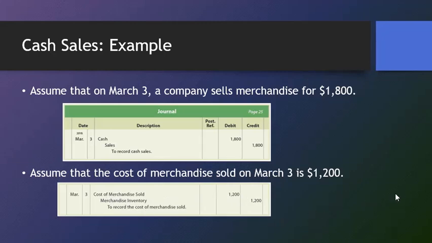Now, you may initially think for a second, well, why is one entry for one amount and the other entry for the other amount? Okay, let's think about it. The difference between the two is essentially the gross profit. Okay, for example, let's say that you go into Walmart. They're a classic example of a merchandiser.